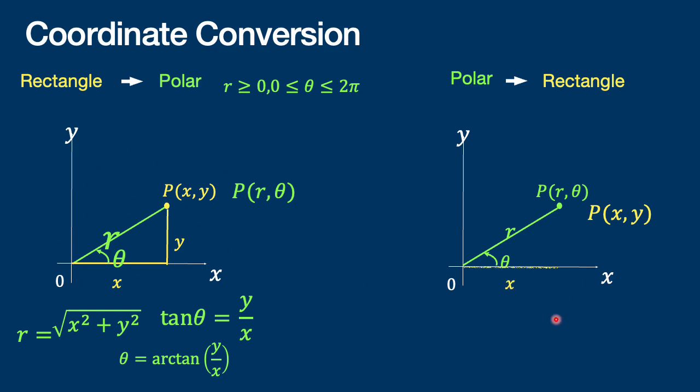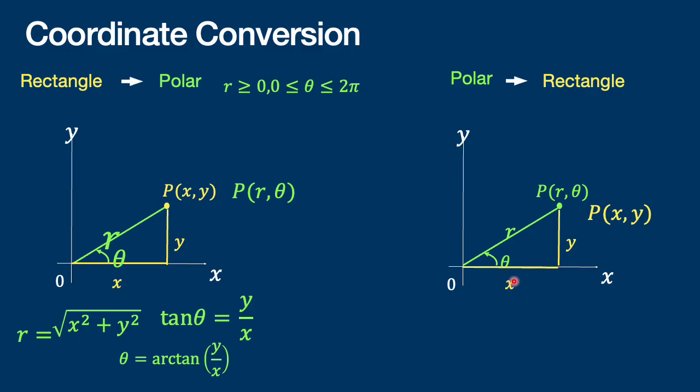We're going to draw the right triangle from pre-calculus. Then we're going to find the x value and the y value based on the right triangle. So how can we find x?